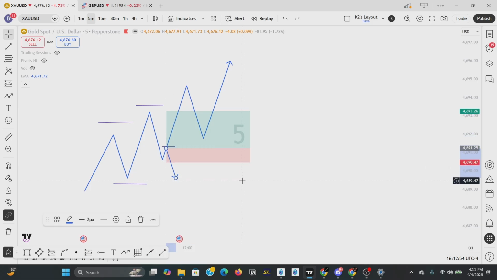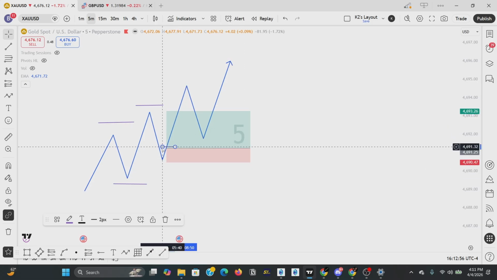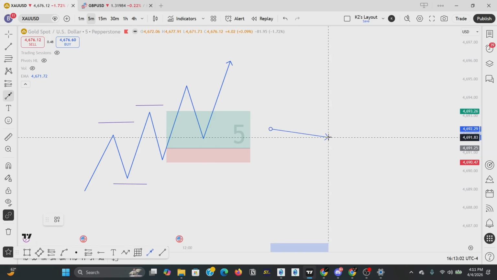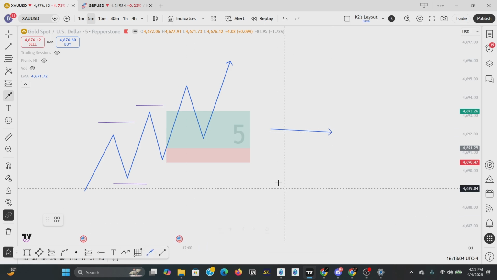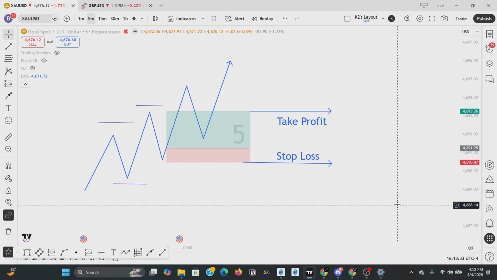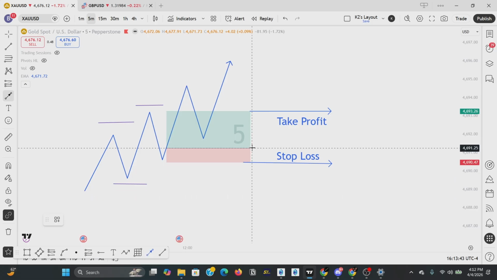Now, you might be like, okay, so what does that green and red box mean? The green and red box is a take profit and a stop loss. So when you're trading, you always want to set a take profit and stop loss, especially if you're a beginner trader, right? Let me explain the little middle part too.